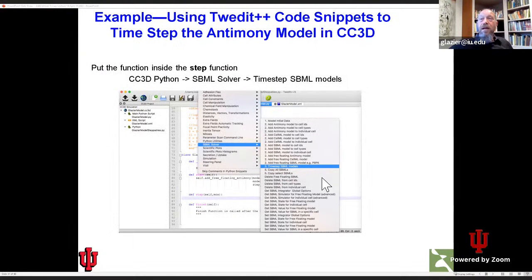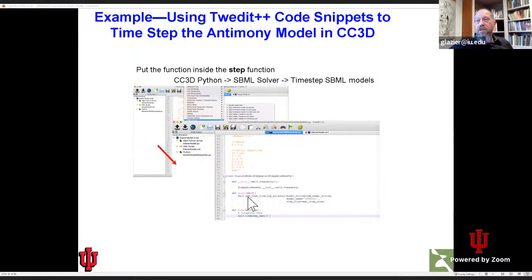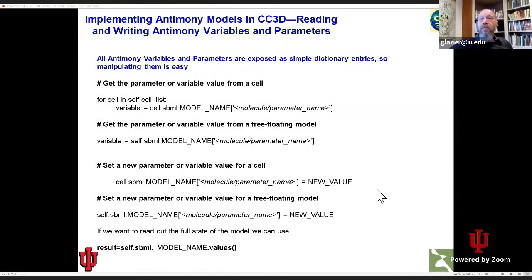So again, time stepping, Twit has the time step command built in. That usually goes in your step function, self.timestep SPML. It's usually at the head of one of the step functions. The next thing that we have to be able to do is read and write values.